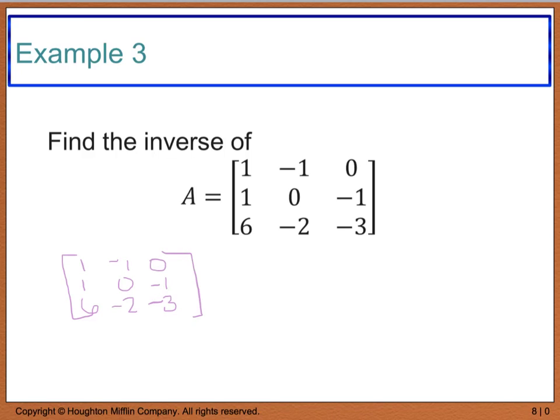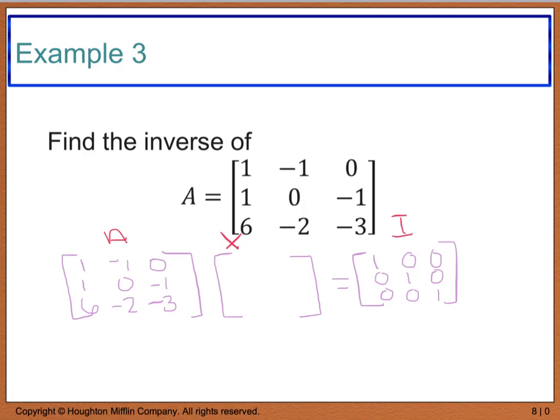I'm going to multiply it by another 3 by 3 matrix, and this is going to equal the identity matrix for a 3 by 3, which is 1, 0, 0, 0, 1, 0, and 0, 0, 1. And again, this would be my matrix A, X, and then my identity matrix.